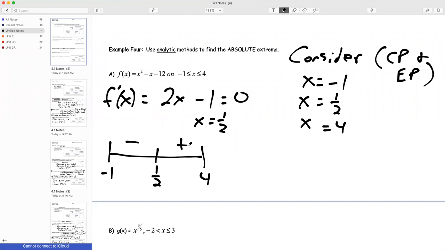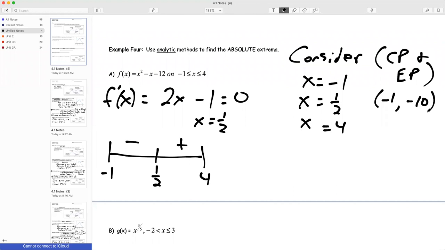So what I'm going to do is take these values and plug them back into the original function, because that gives me the y value. If I take -1 and plug it into the original function, that's going to give me 1 plus 1 minus 12, which is -10.